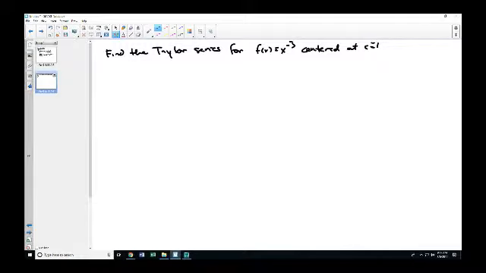Ready to go. Write the Taylor polynomial. And then we will backtrack and write the series notation, which is a ball of fun.